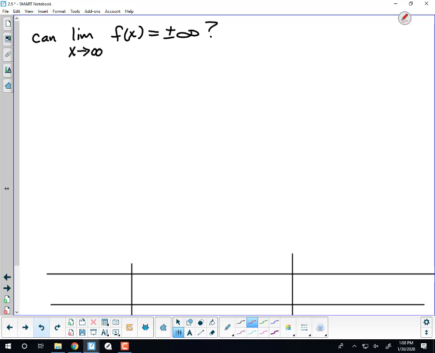A polynomial, yeah. So we see this in some other instances, but specifically for polynomial functions, this always happens. So if f of x is a polynomial.